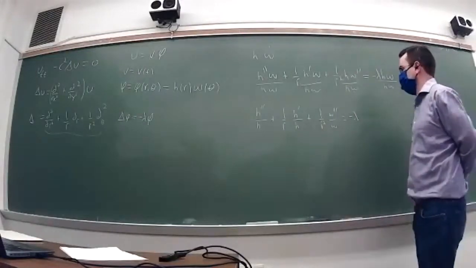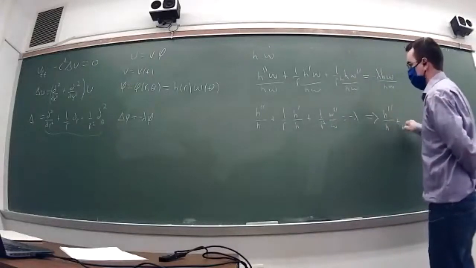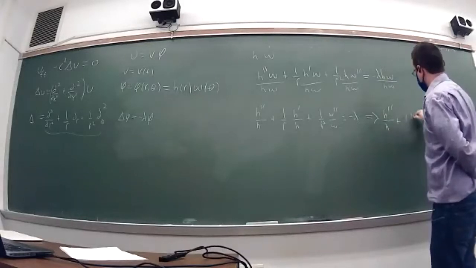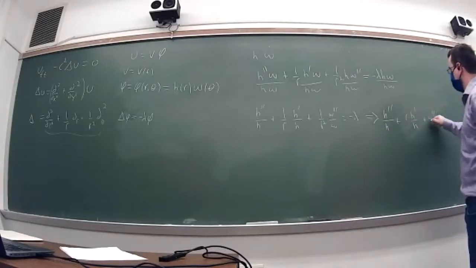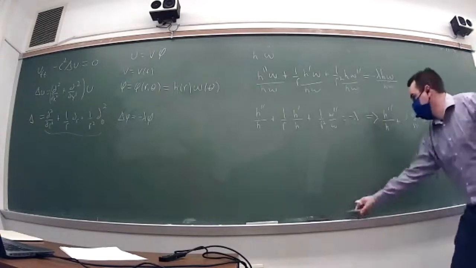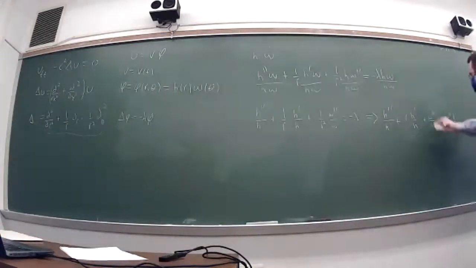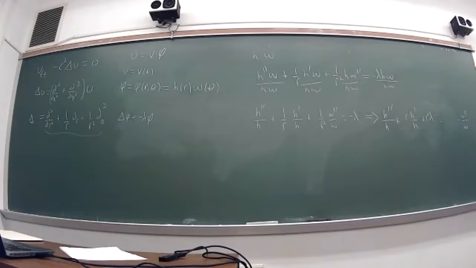And so we're not quite separated here, but finally we end up with, and to finish the separation, we'll just switch these two terms. So minus omega double prime over omega, and then plus r squared times lambda.